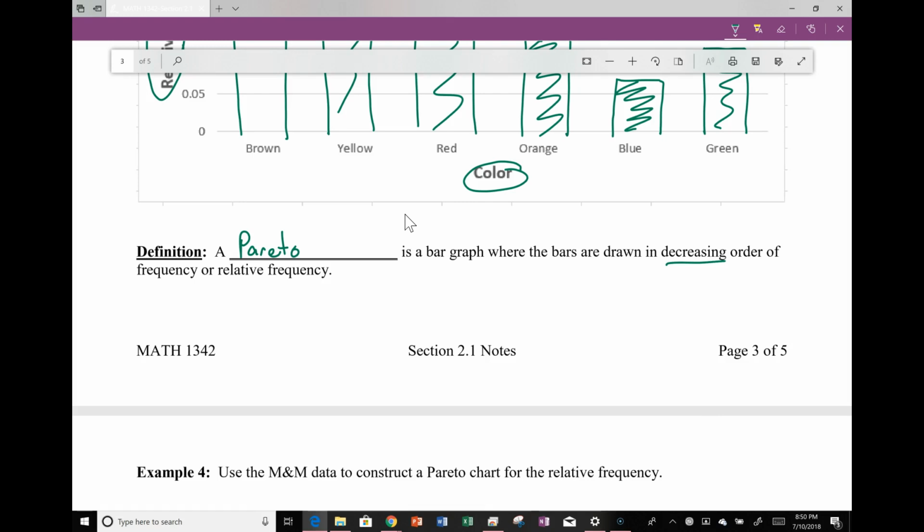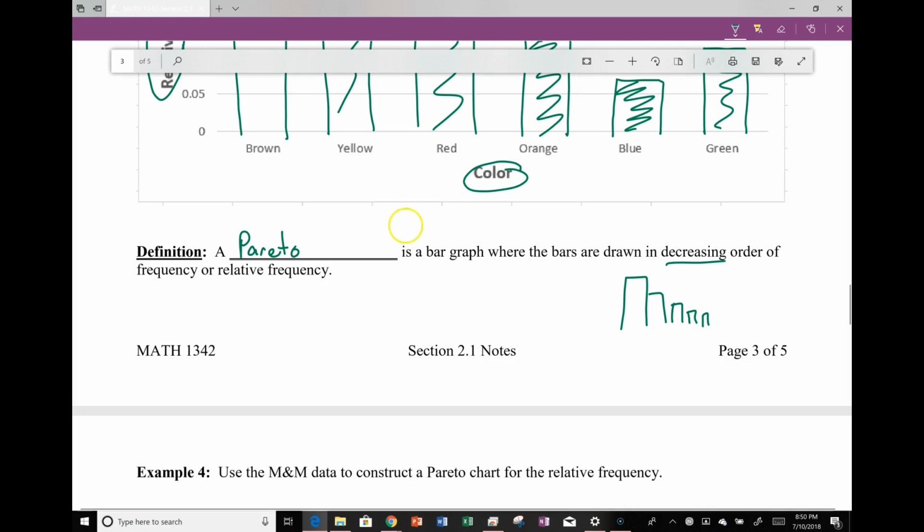Descending means from highest to lowest. So it looks like a stair step down. So whenever you're drawing a Pareto, the specificity of it is the fact that the bars go in order from height.